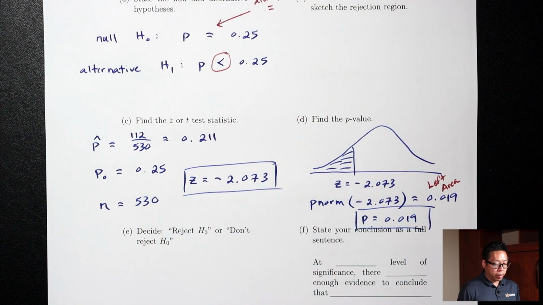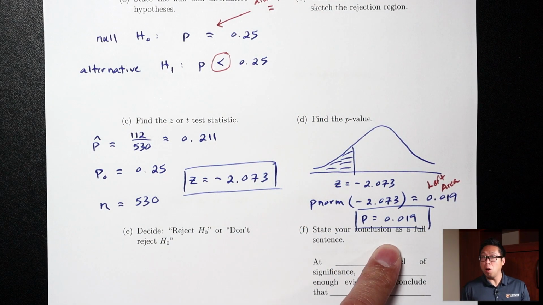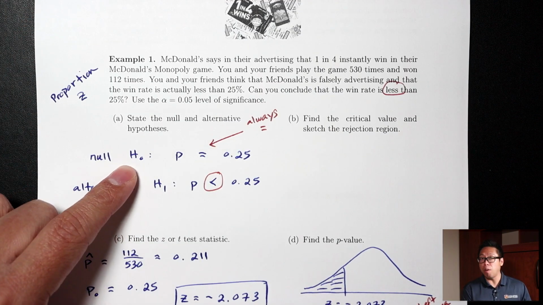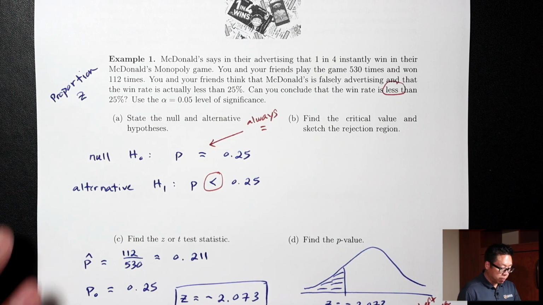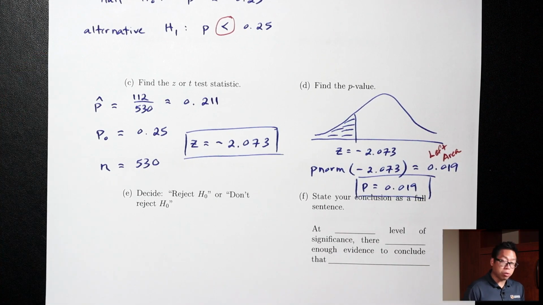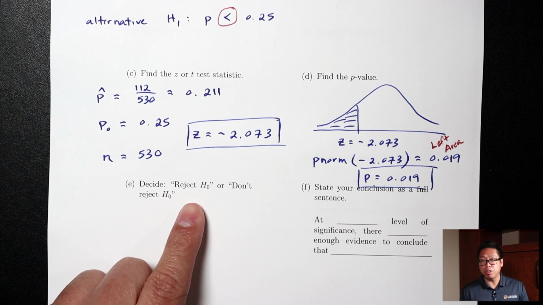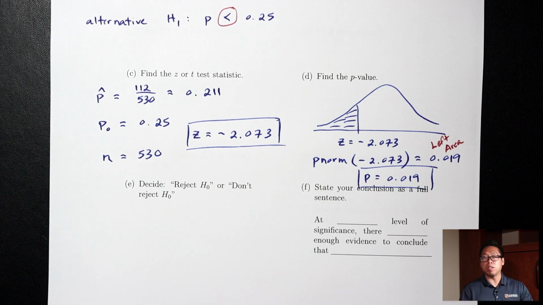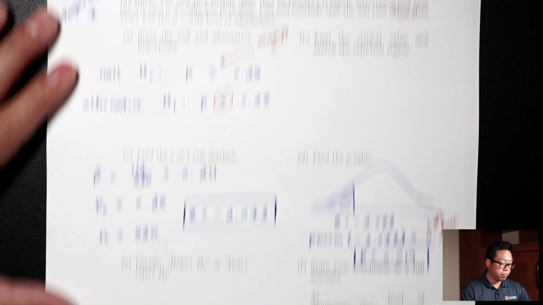Now the question is, when is a p-value considered to be low? So low that we're going to say this is probably not due to just regular randomness, and that a better explanation is that H0 is false. And that brings me to part E. We're going to decide whether to reject H0 or don't reject H0. And the bar for what's considered to be low is the alpha.